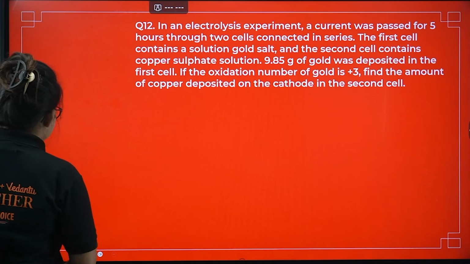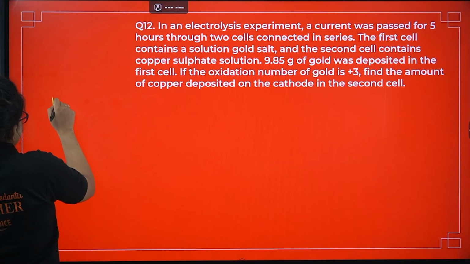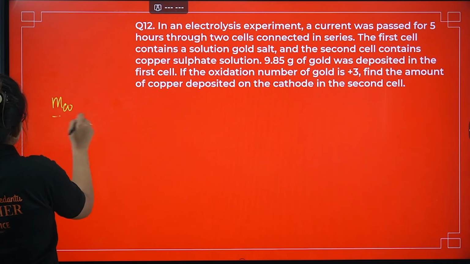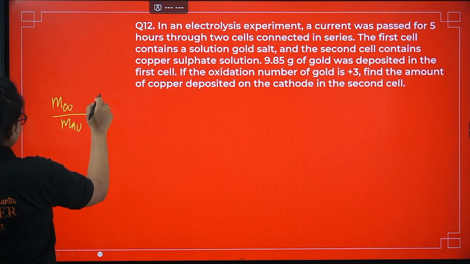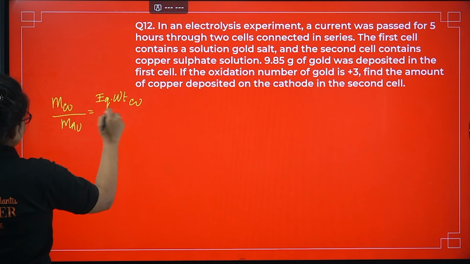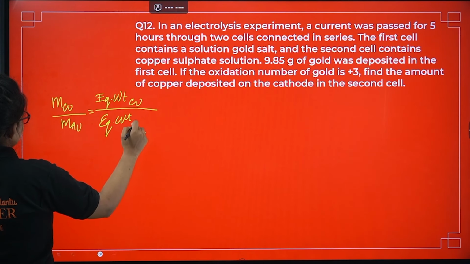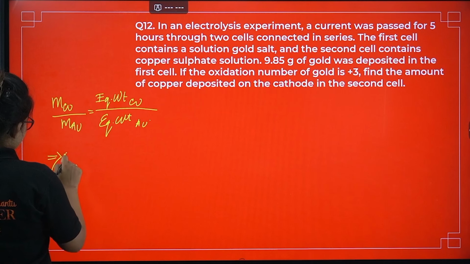Here we can use Faraday's law. Mass of copper divided by mass of gold equals equivalent weight of copper divided by equivalent weight of gold.